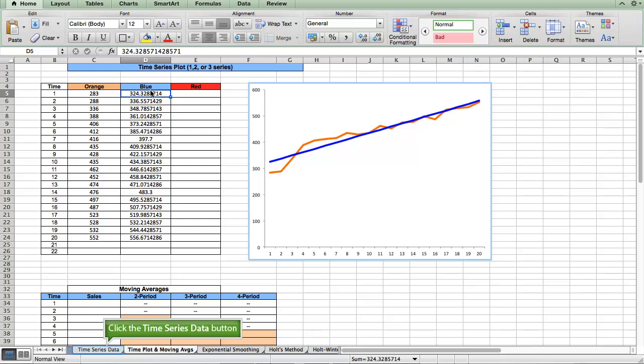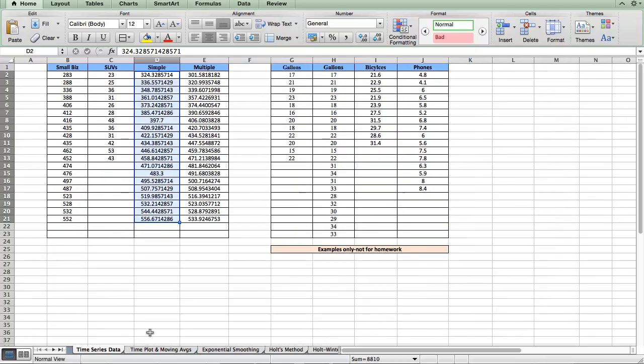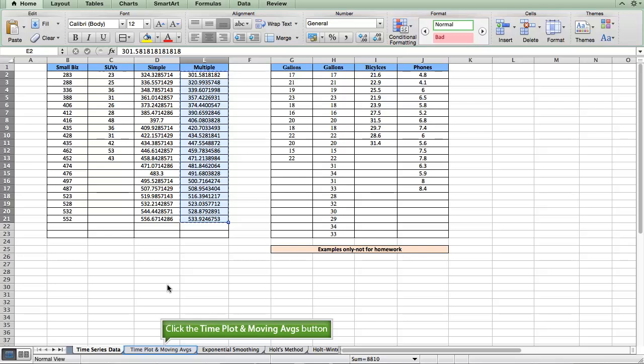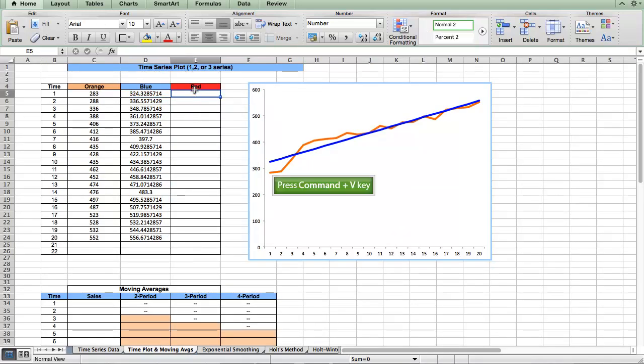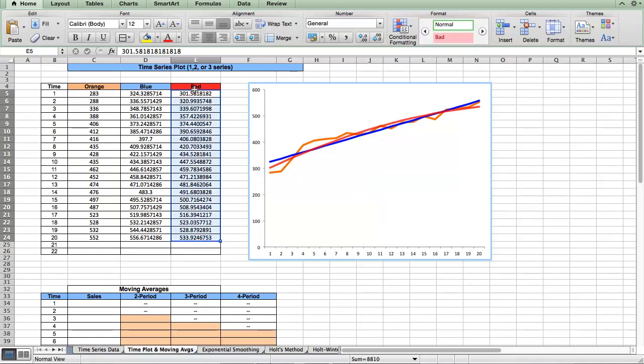So let's add the forecasts from our multiple regression, our quadratic. And we'll make that the red series. And we can see that these are very, very similar. As we would expect, we got very high R-squared values for both. So which is better?